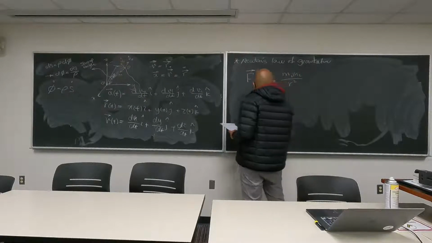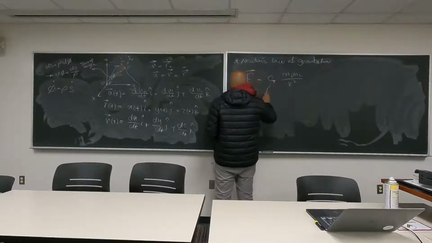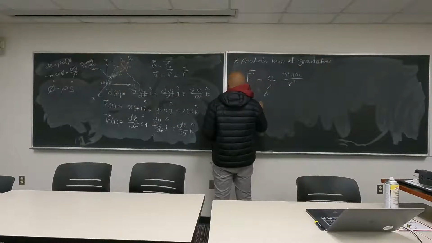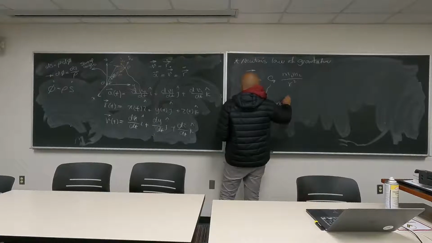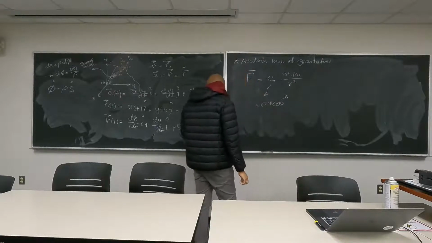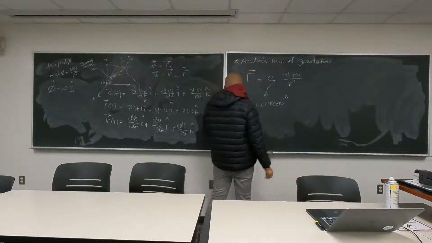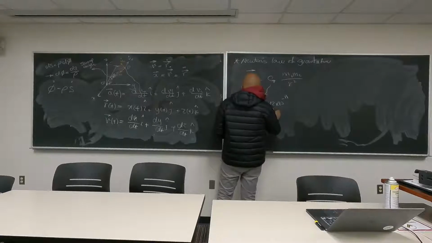And this universal gravitational constant is 6.6742 times 10 to the negative 11. I always forget the units myself. Meters cubed per kilogram second squared.